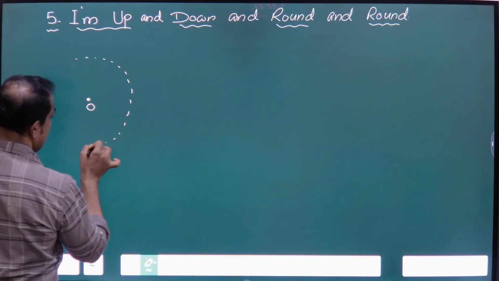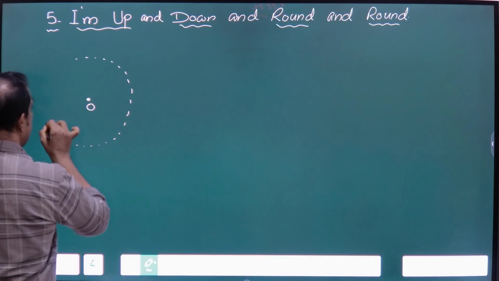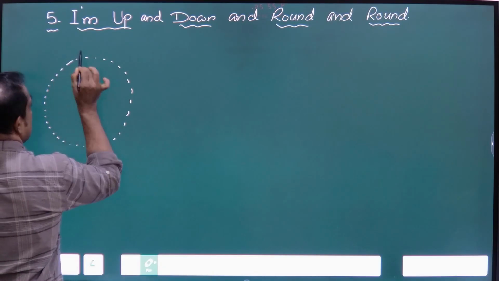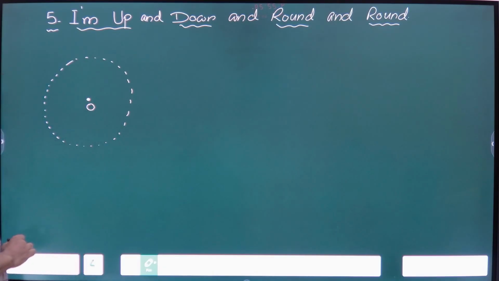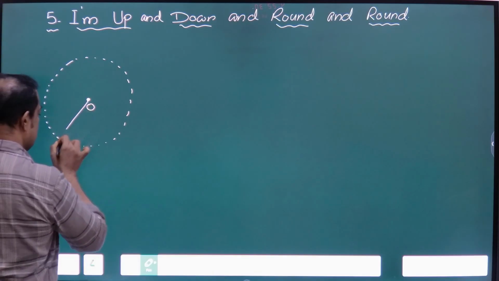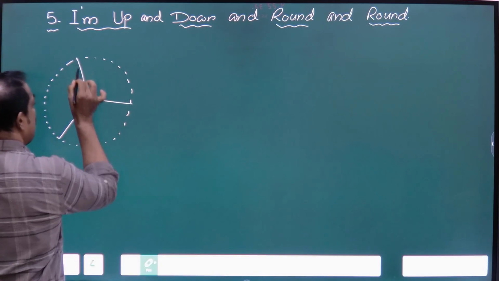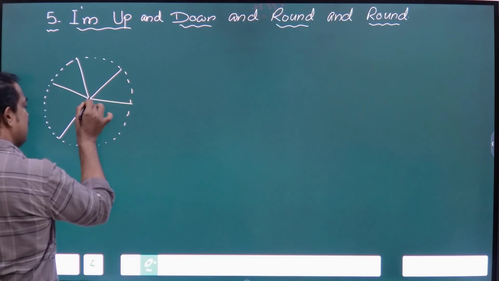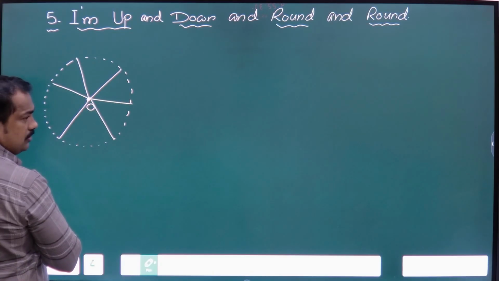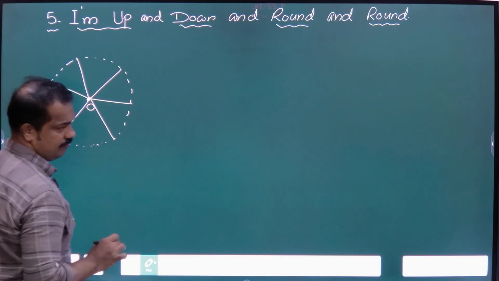All these points are at equal distance from the given point O. All these distances are equal.